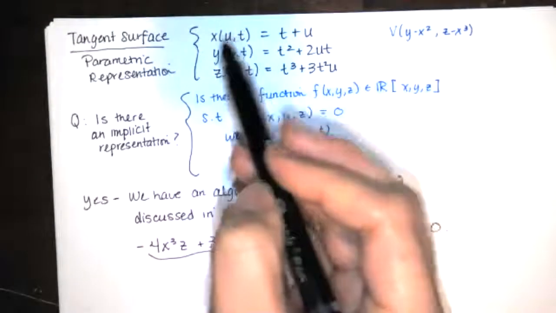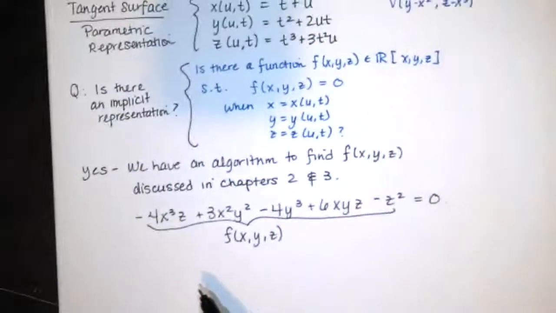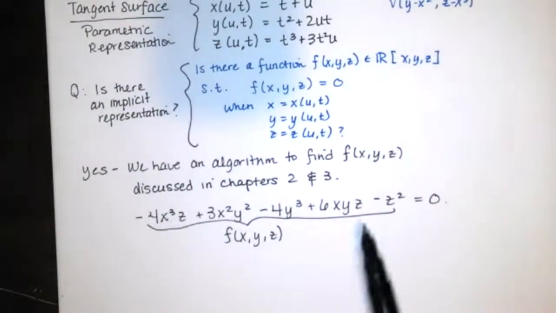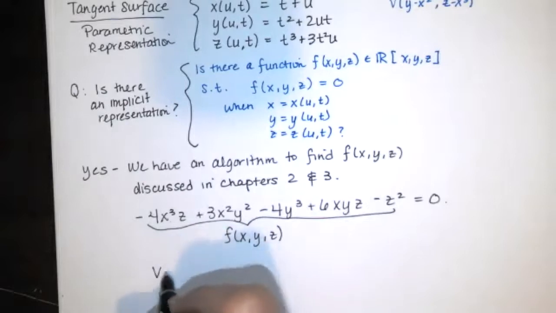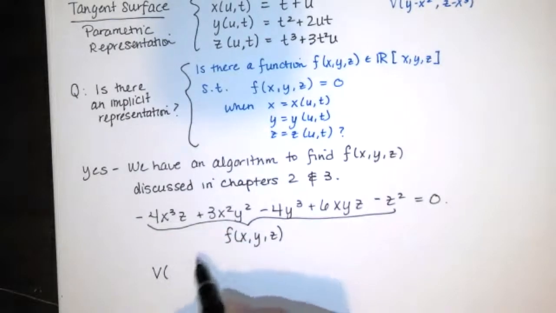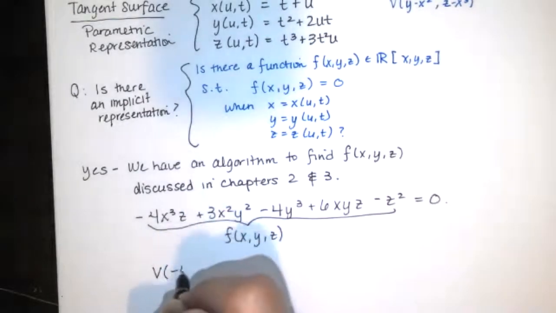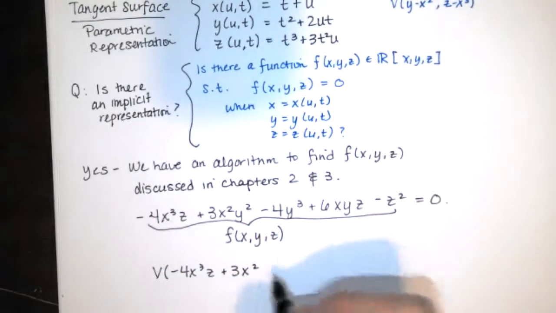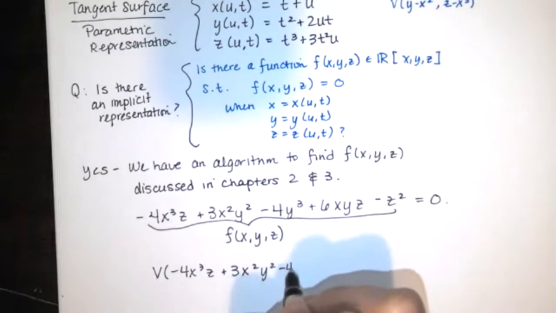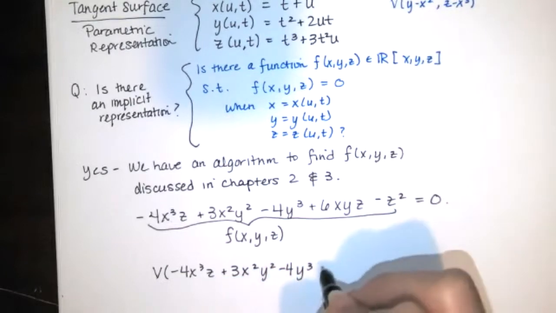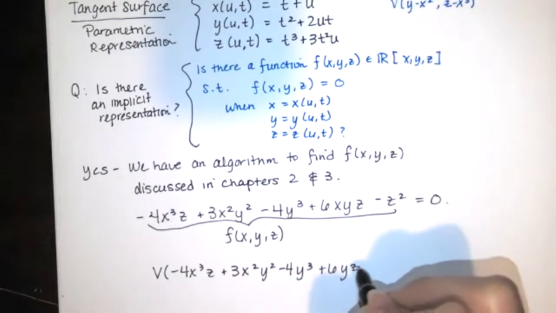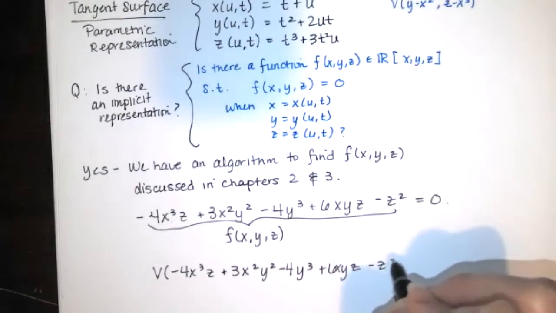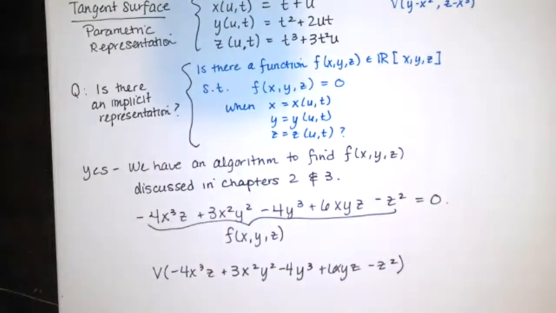So this is a parametric representation of that surface, and that surface can be thought of as the affine variety defined by this function. And if you're saying to yourself, how on earth did they get that? That's what this is for. This is a teaser. It's saying we can get that using the algorithms discussed in chapters 2 and 3.